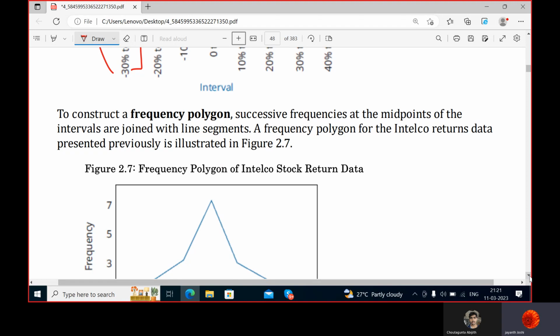Then we can construct a frequency polygon. Generally, when we used to make median related graphs, we used to make a frequency polygon, correct? Long time back in school. Hope you remember, or we can re-review this. To construct a frequency polygon, successive frequencies at the midpoints of the intervals are joined.